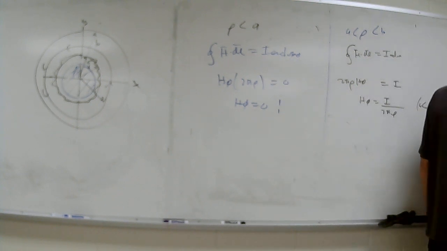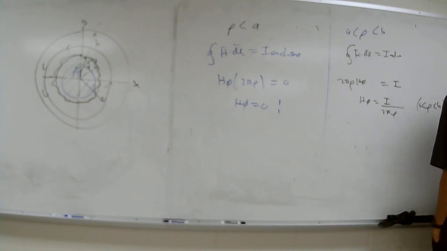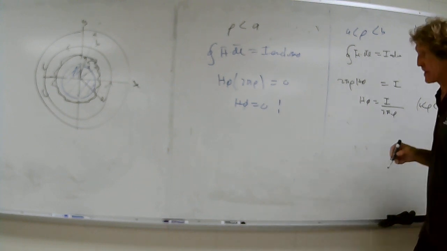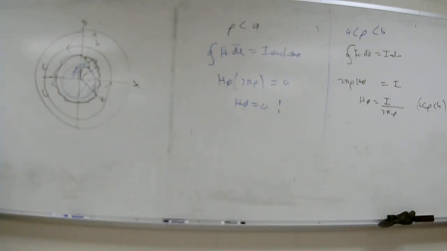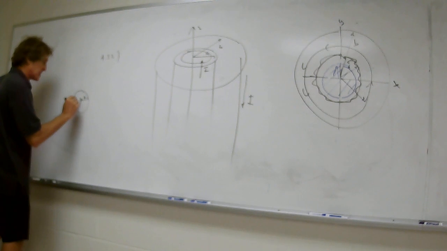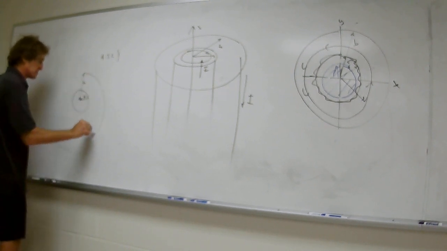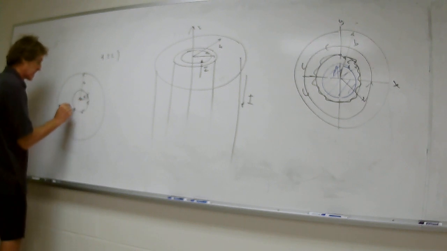Finally, when I'm outside, when rho is greater than B, now just think about this for a second. Here's radius A. Here's radius B. All the current is coming out here, along the z-axis.